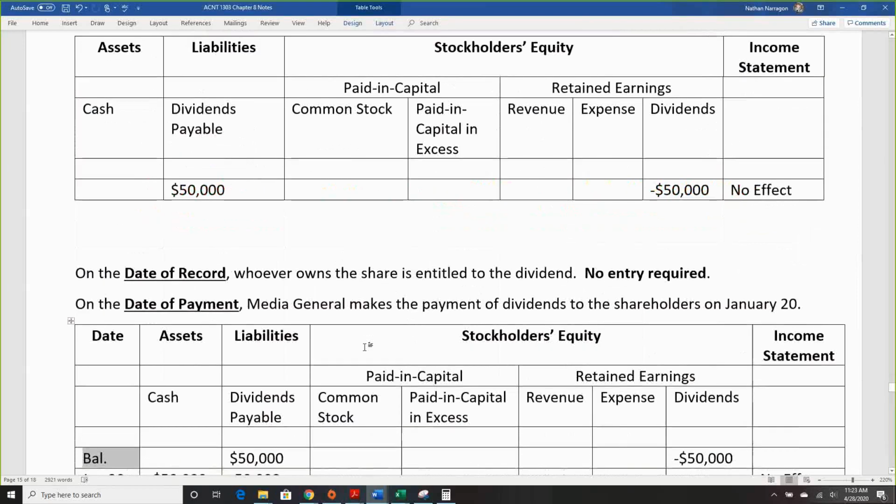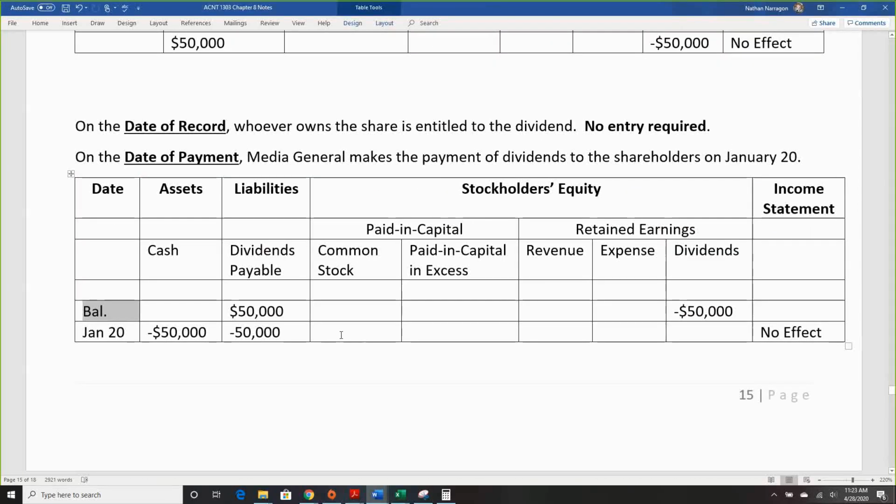We'll probably do December 31st. Okay. But here on January 20th, there's our cash going out to pay off this liability. Basically a bill to our stockholders for the dividends that they should receive. And that's all for dividends. That's all we're going to recognize now with dividends in Chapter 8.